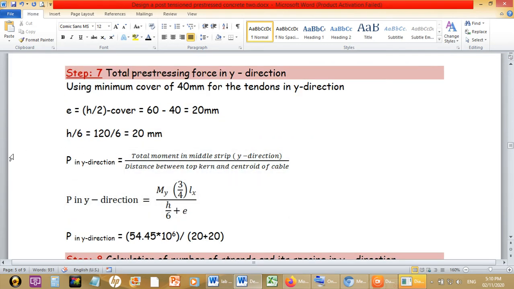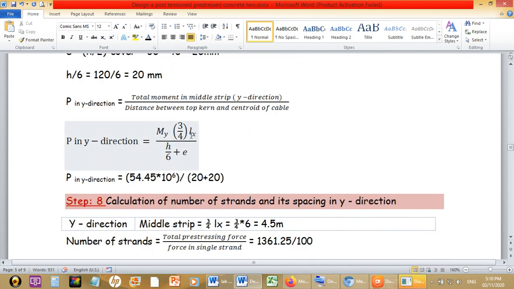Now let's calculate the prestressing force. By using the basic theory, moment is equal to force into distance. If we put the values of total moment in y direction, eccentricity and kern zone, we get the value of prestressing force in y direction as 1361.25 kilonewton.